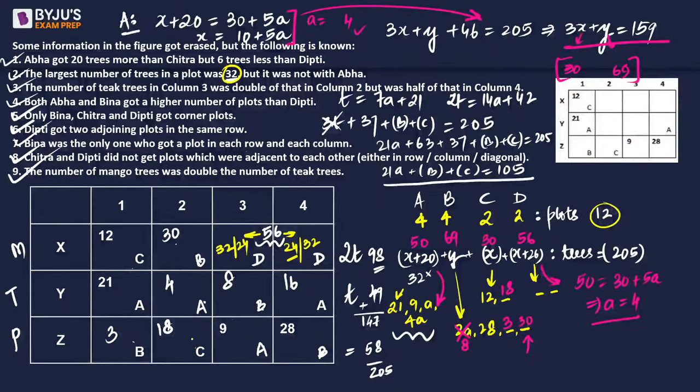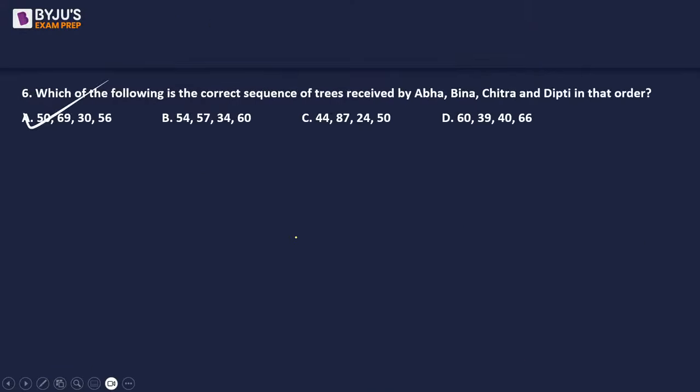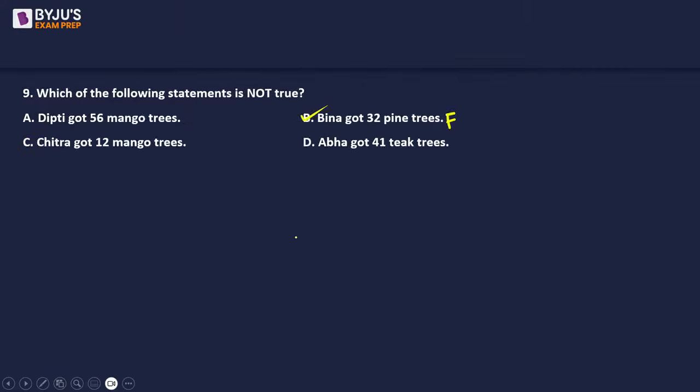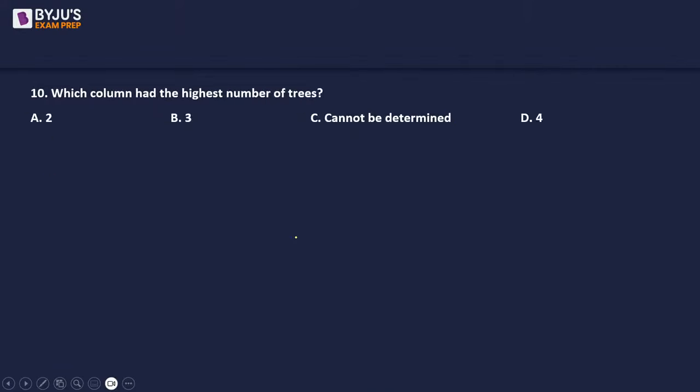Right? Second column is 52 only. Third column, best case 50, 59, sorry 49. Right? So can we say fourth column got the highest? Fourth column, option D.